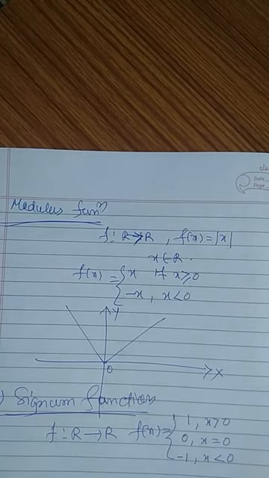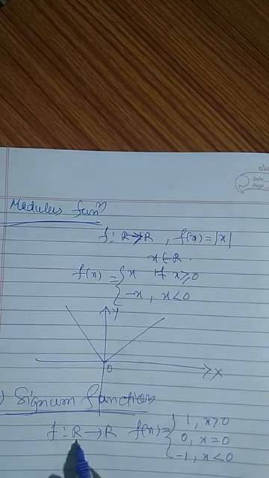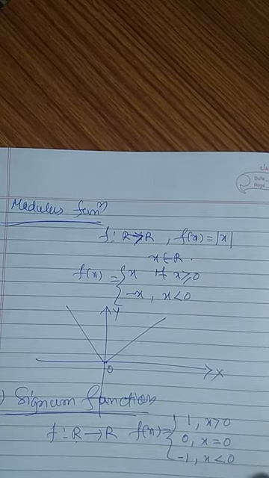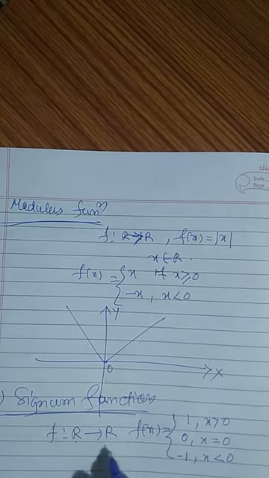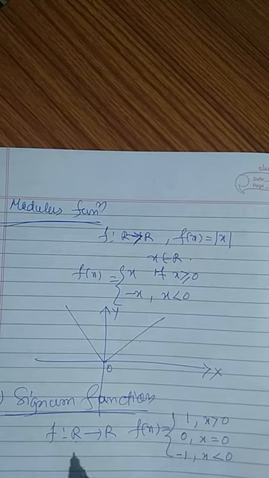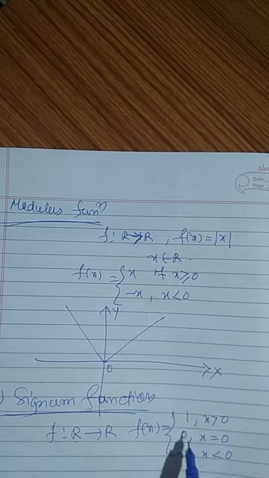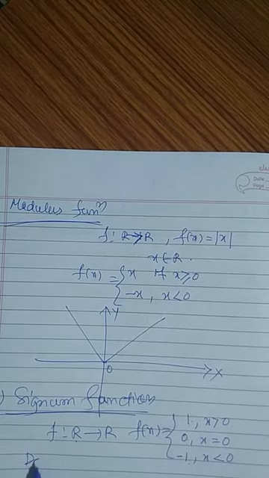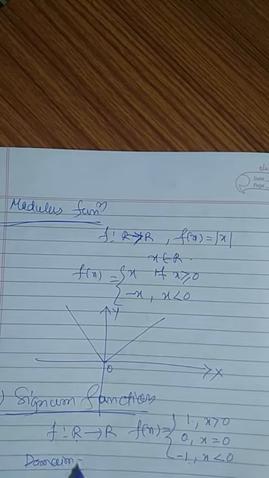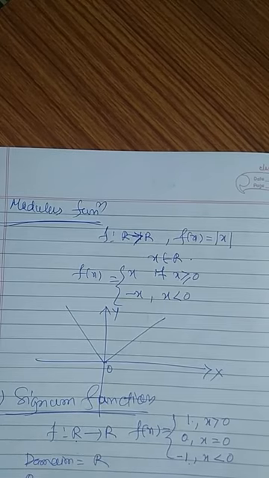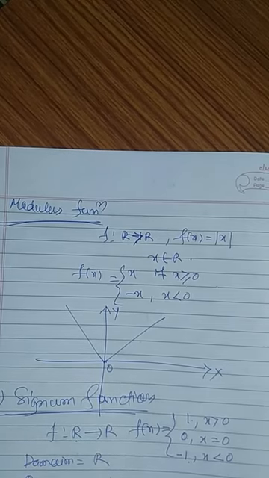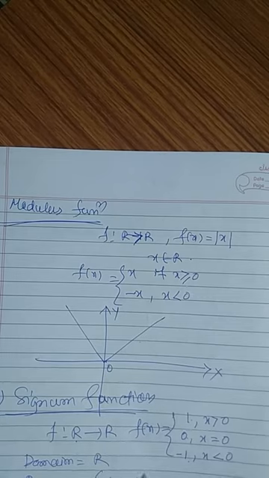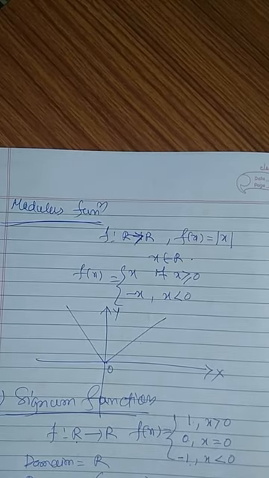So what is the domain of this function? The domain of the function is the real numbers, and the range is the set {minus 1, 0, 1}. Other than these three values, you will not get any value as a range.